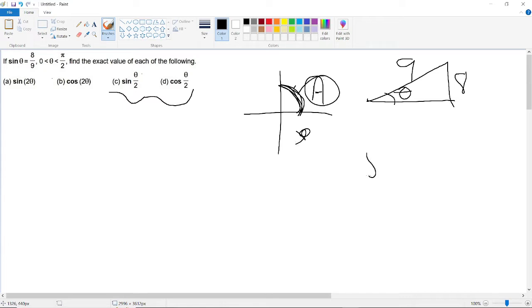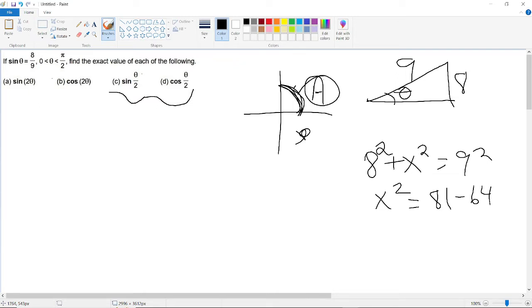We know that 8 squared plus whatever that other side is equals 9 squared. X squared equals 9 squared, which is 81, minus 8 squared, which is 64. So x equals the square root of 81 minus 64, which is 17. So this is the square root of 17.